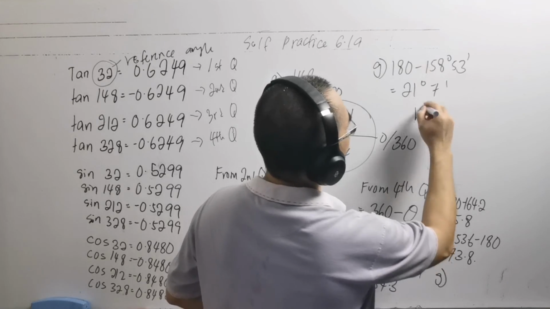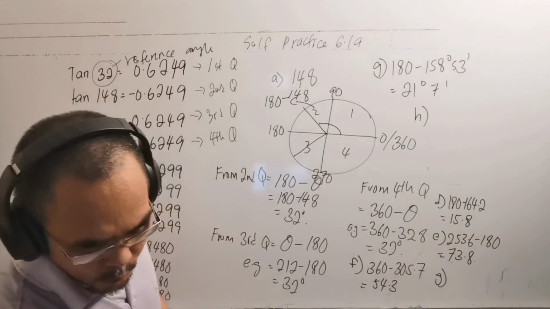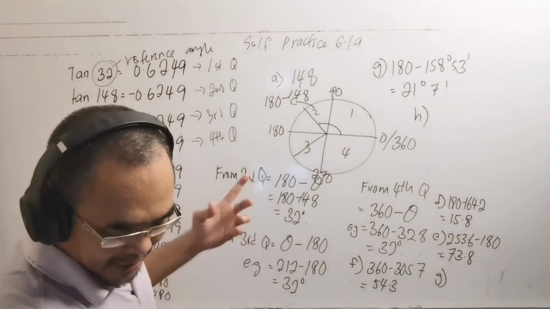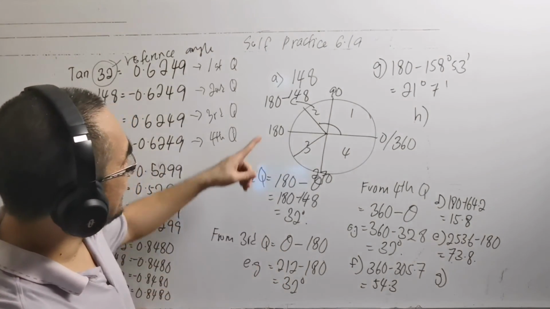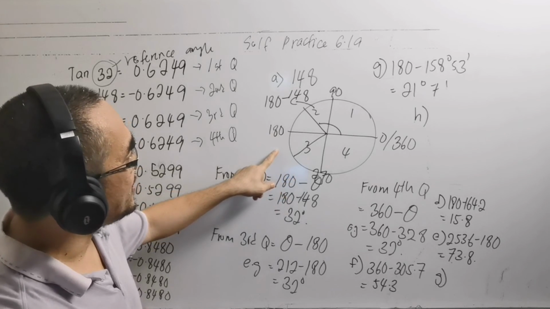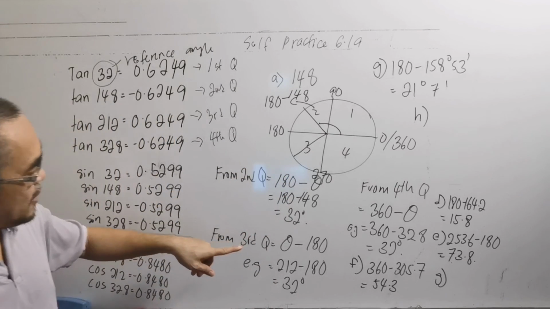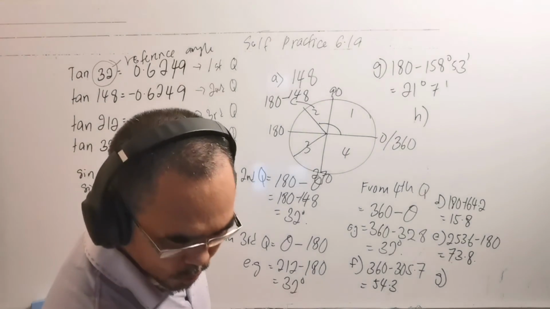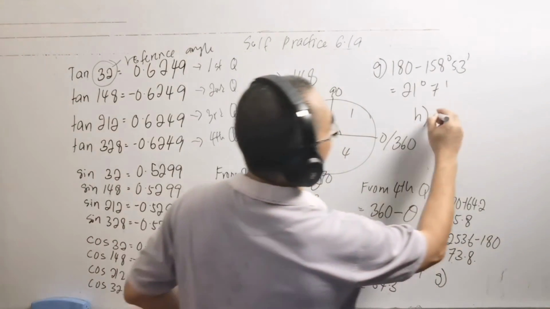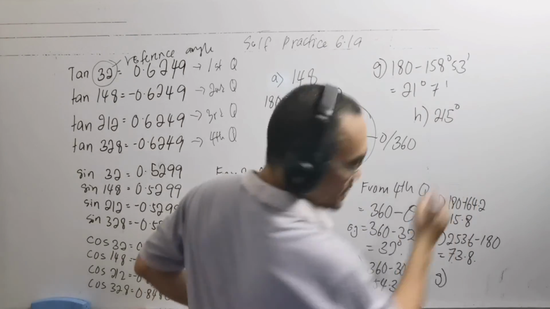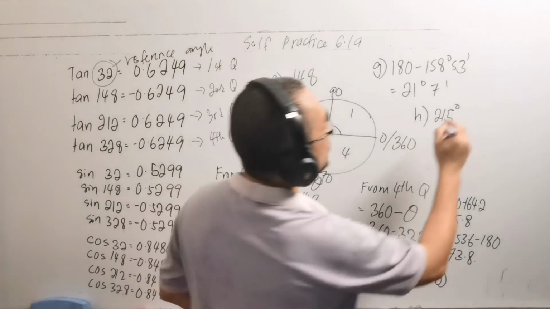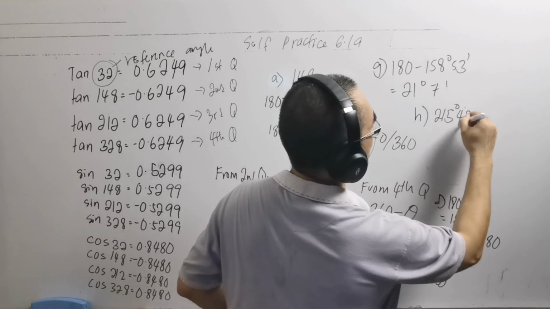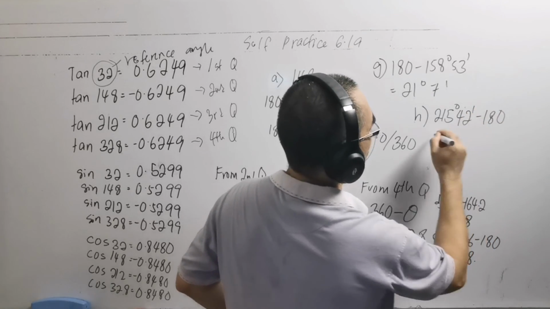And the last one, H, 215 degrees 42 minutes. It is in the third quadrant. So from the third quadrant, it will be that angle, 215 degrees 42 minutes, minus 180.